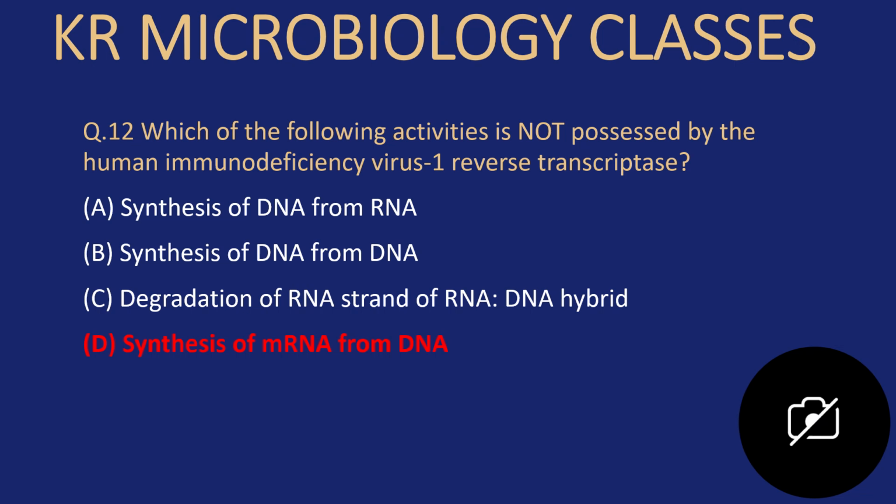And after preparation of the one DNA strand from the RNA, that RNA will be degraded, and this single DNA strand forms the other strand of the DNA, right? So, as mentioned in option C, degradation of the RNA strand is also happening.